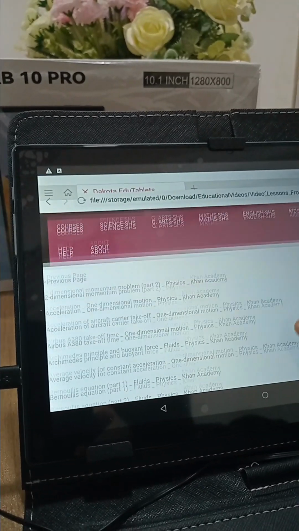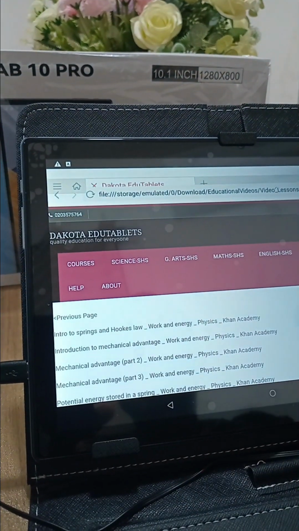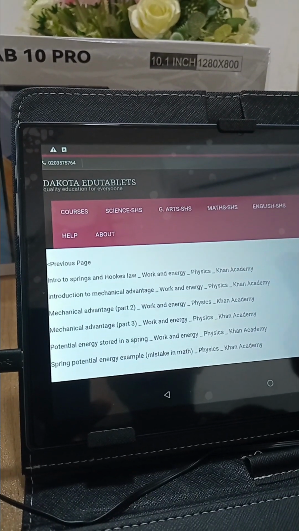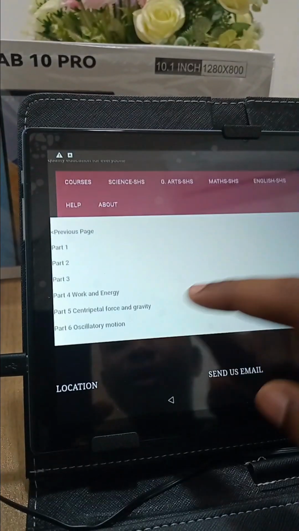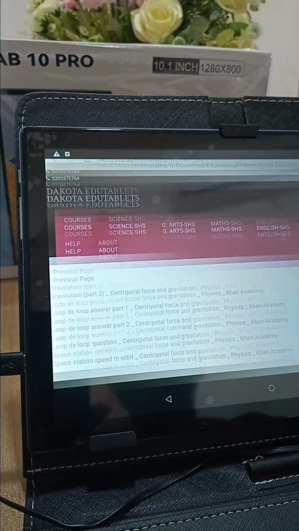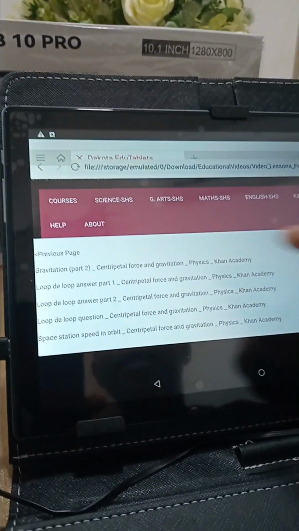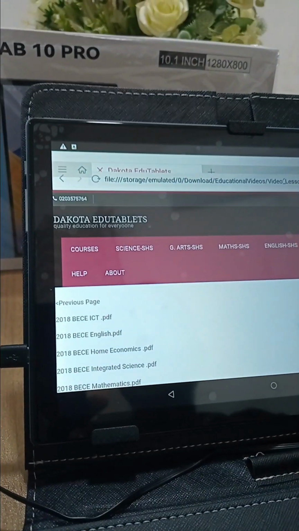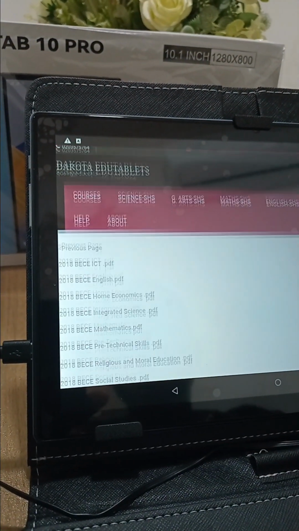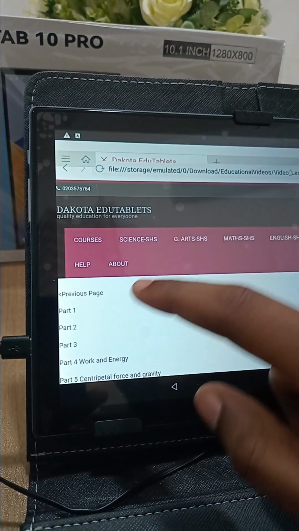Part 4 has work and energy, introduction to spring and Hooke's law, introduction to mechanical advantage. Part 5 is the centripetal forces and gravity, gravitation, centripetal force and gravitation. These are videos that explain in detail everything that you need to know. All right, so we are done with the science.